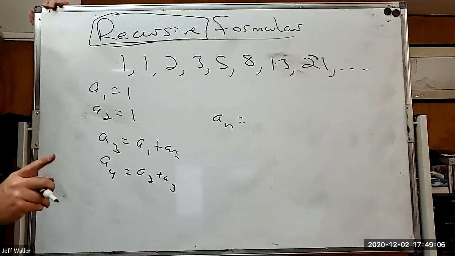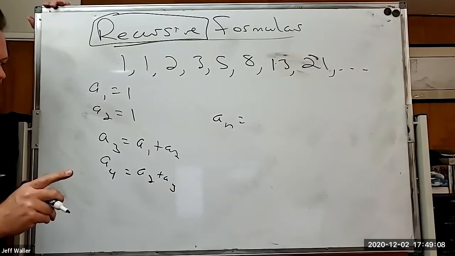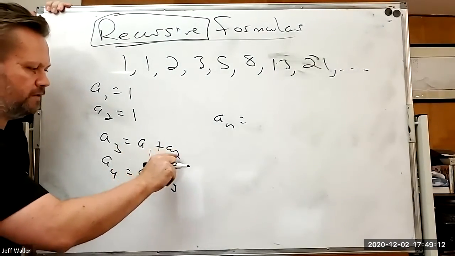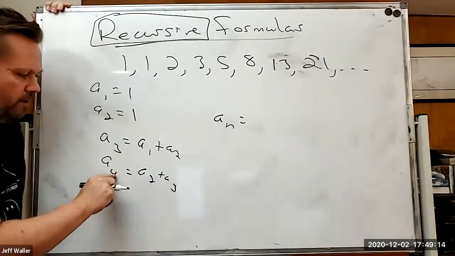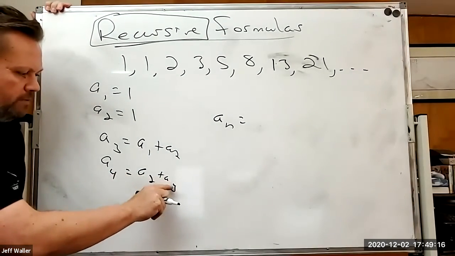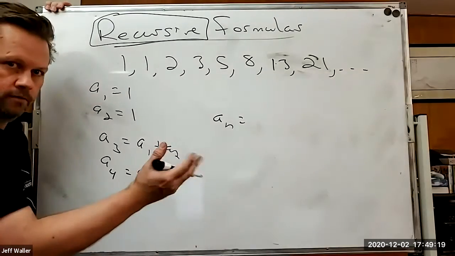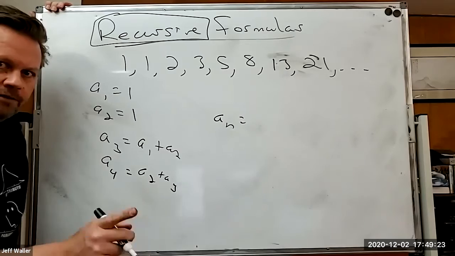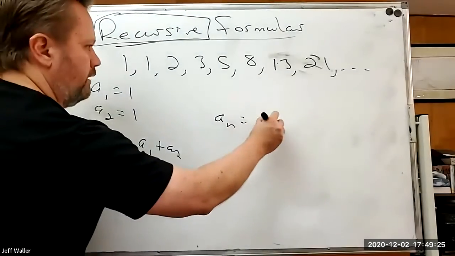Let's see if you guys get this. If n is 3, this subscript is 1, and this is 2. If n is 4, this subscript is 2, and this subscript is 3. You can do it. You don't think you're allowed to, but you can. This would be A sub what?